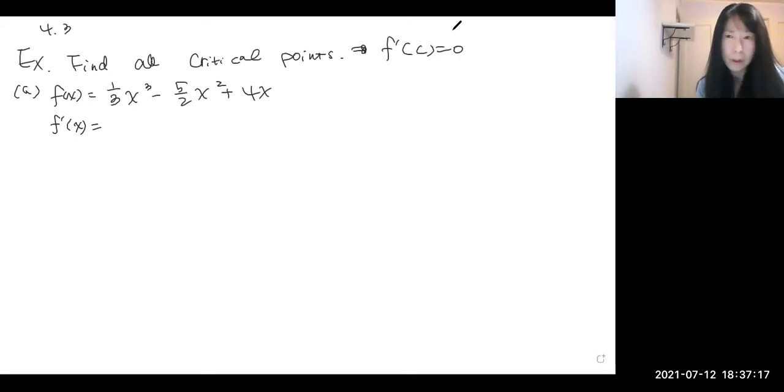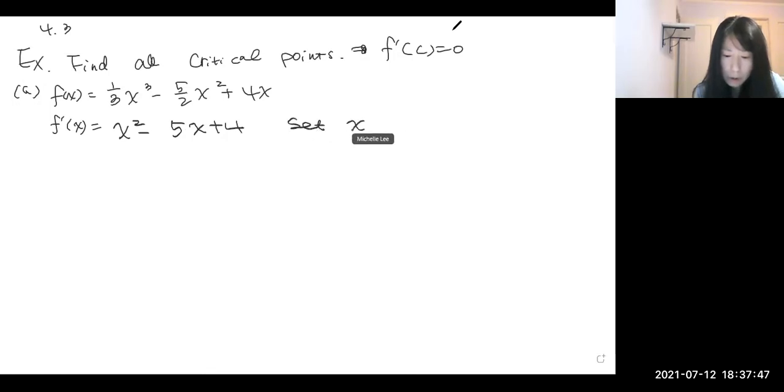With the derivative, what do you get? x squared minus 5x plus 4. Okay, then set this equal to 0. Then solve for x.